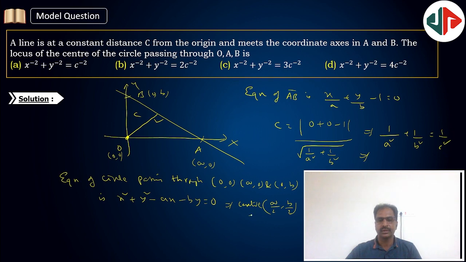So A will be 2x1, B will be 2y1, and 1 by A square plus 1 by B square is equal to 1 by c square. So what is the locus of x1, y1? 1 by x square plus 1 by y square is equal to 4 by c square. Option D.